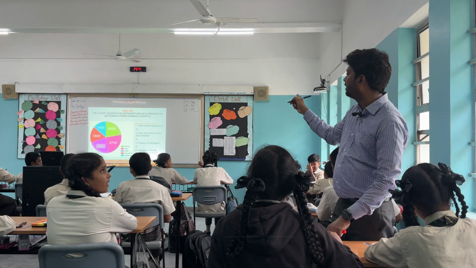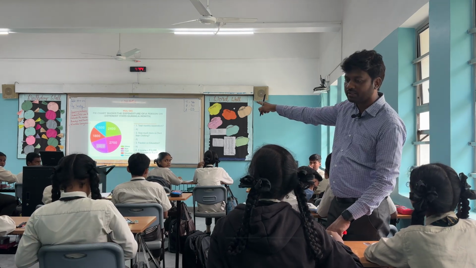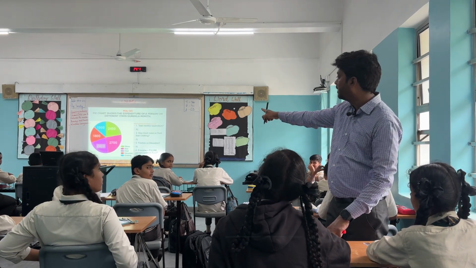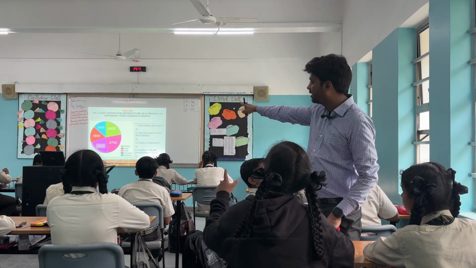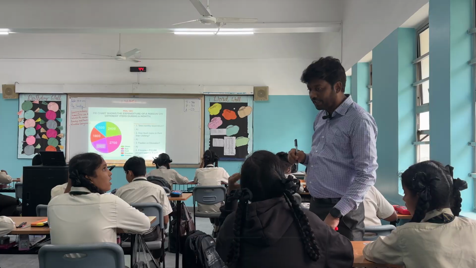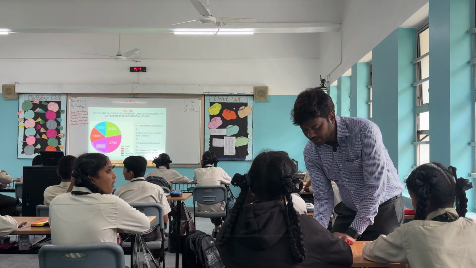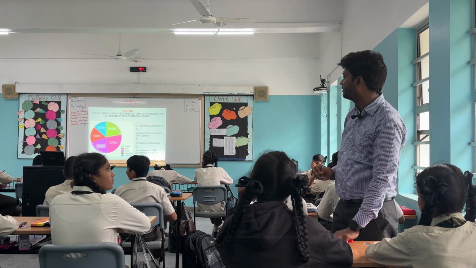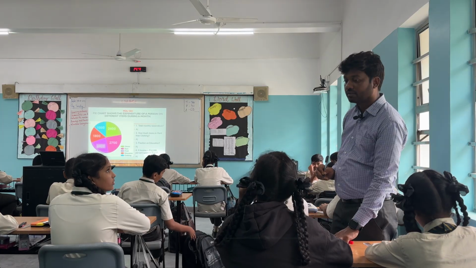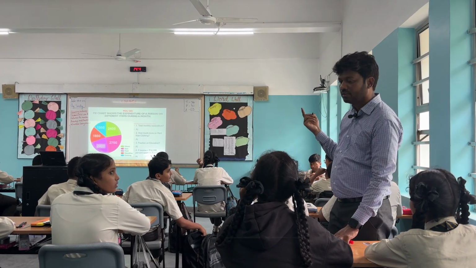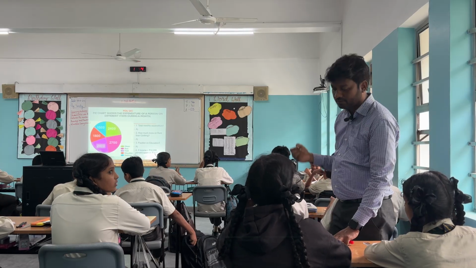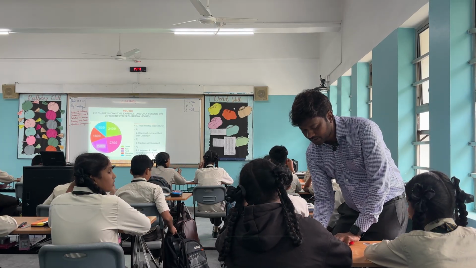Fraction of education. How much was spent over education? No, dear, education, red color. 1800 rupees over how much? What is the total? 10,800.